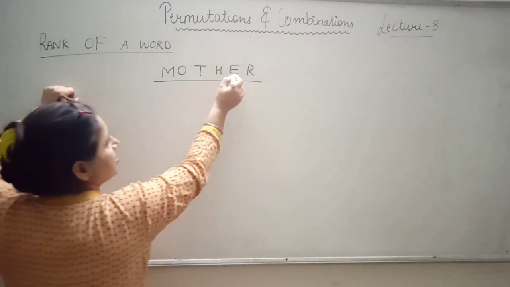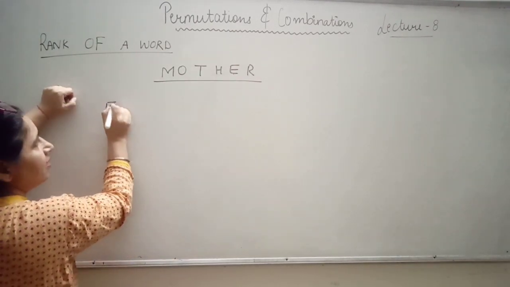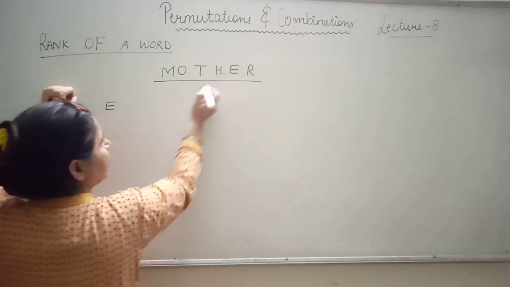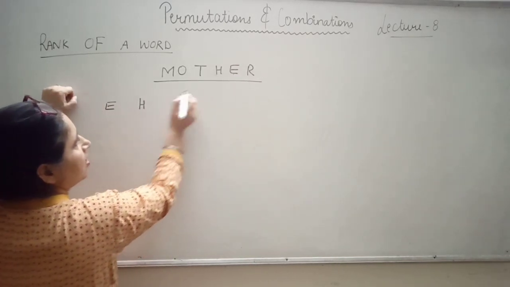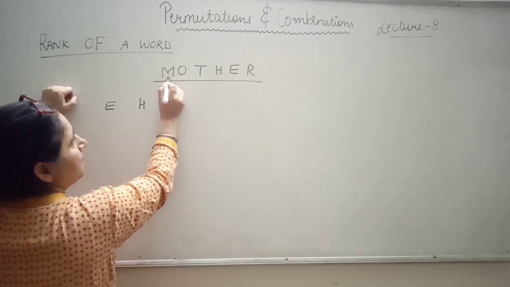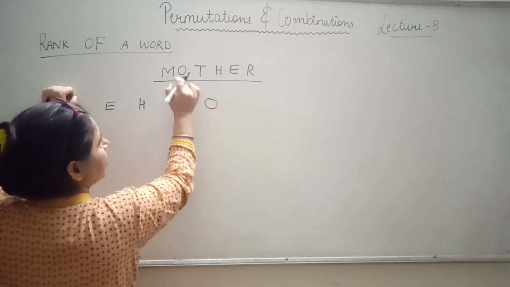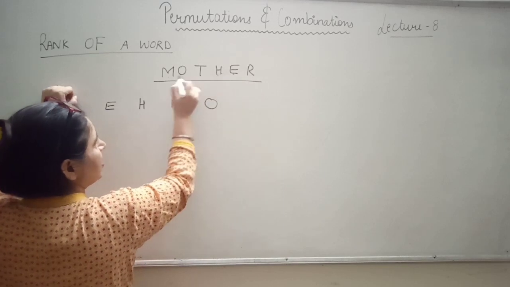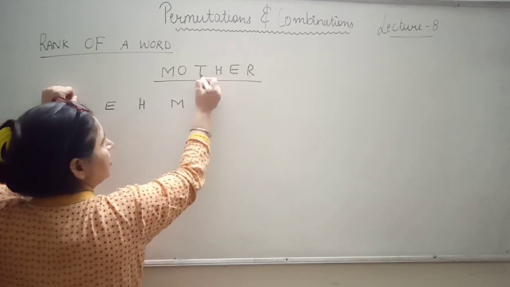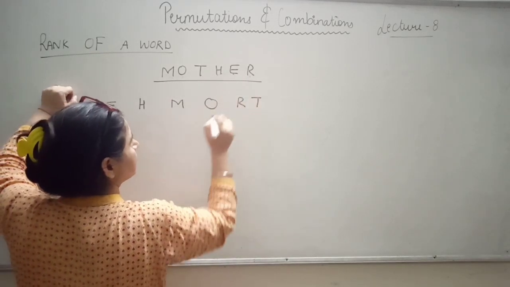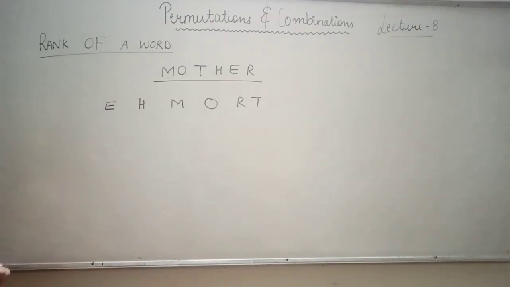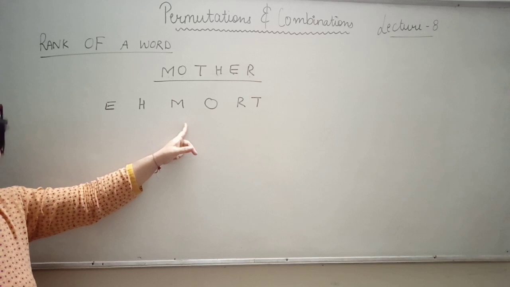So first is E, then after E, H, then after H, M, then O, then R, then T. Okay, I have written all these letters in their alphabetical order.